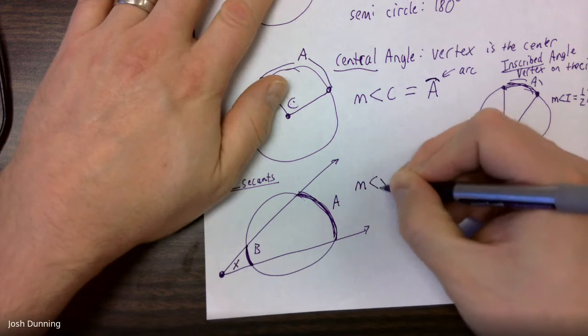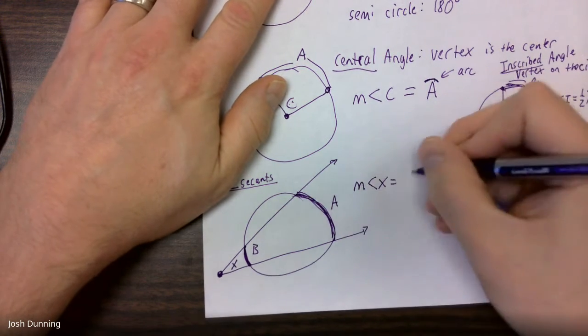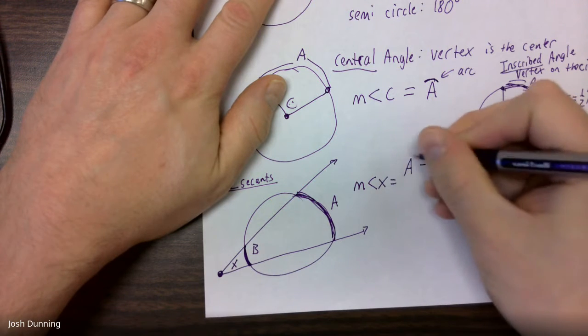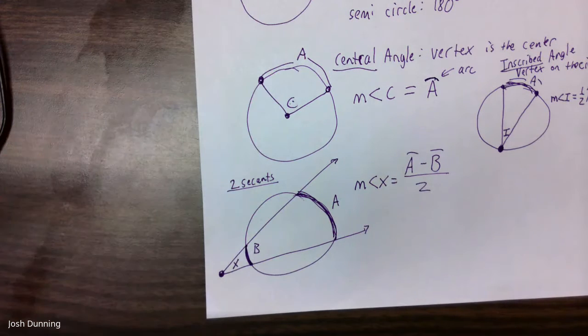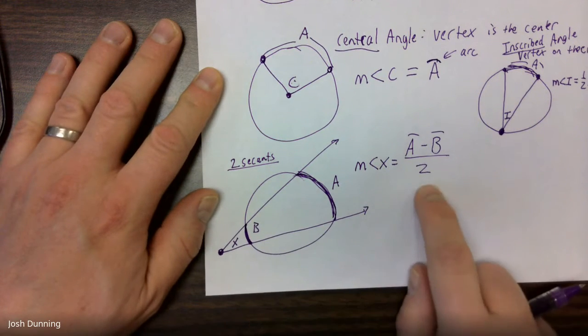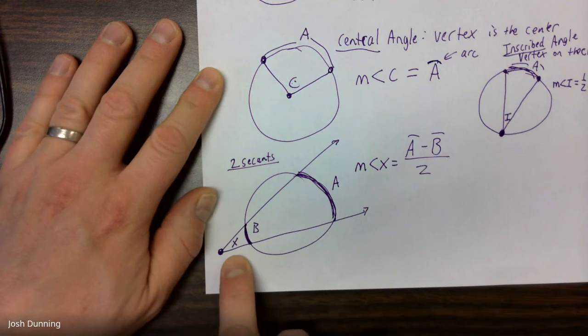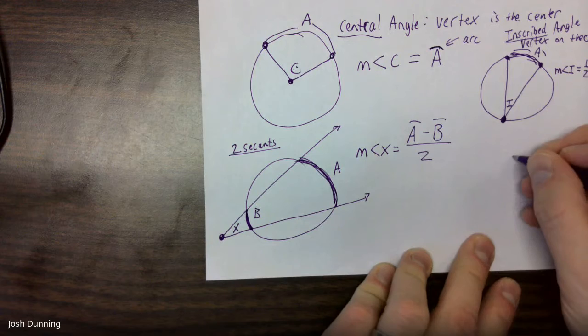Measure of angle X is equal to the bigger arc, A minus B, all over 2. So the bigger one minus the smaller one, divided by 2, you get your angle. And one more.